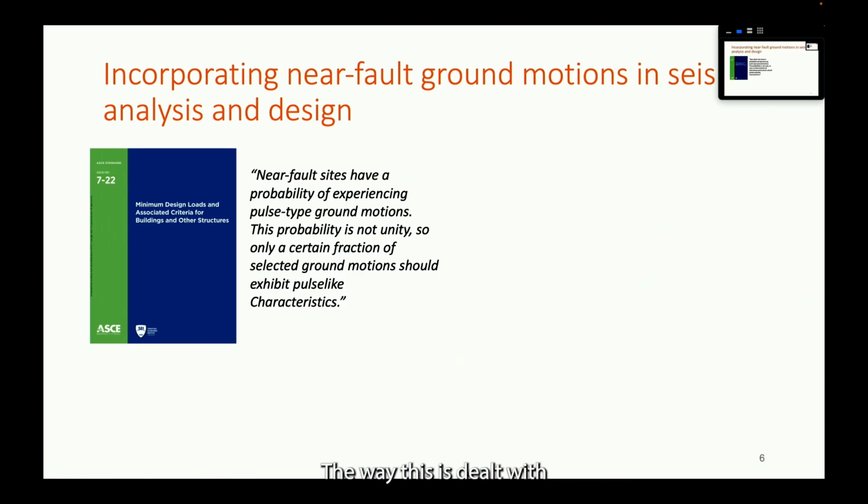The way this is dealt with in, say, a standard like ASCE 7, and I've quoted it here, it's really not specific on how we should incorporate those into the analysis. It does acknowledge that there is a chance we're going to see those types of intense ground motions, what we call pulse ground motions, or ground motions with strong velocity pulses in the near fault region, and that we should quantify the likelihood of seeing those, and we should incorporate them in our engineering analysis.